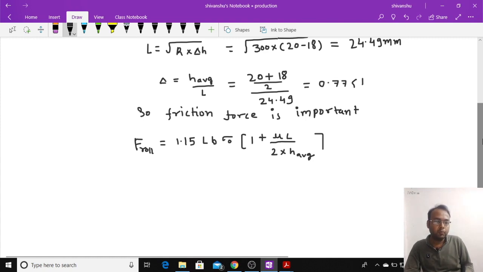Now in this equation we have the value of L, B, mu and H average. The only value we are missing is sigma O, that is flow stress.